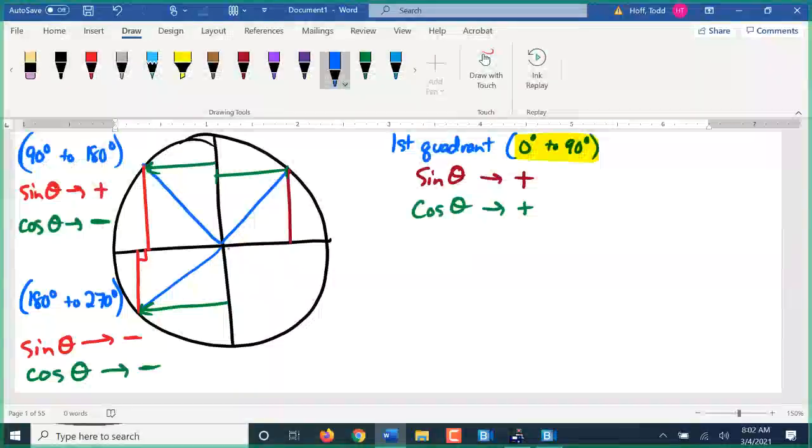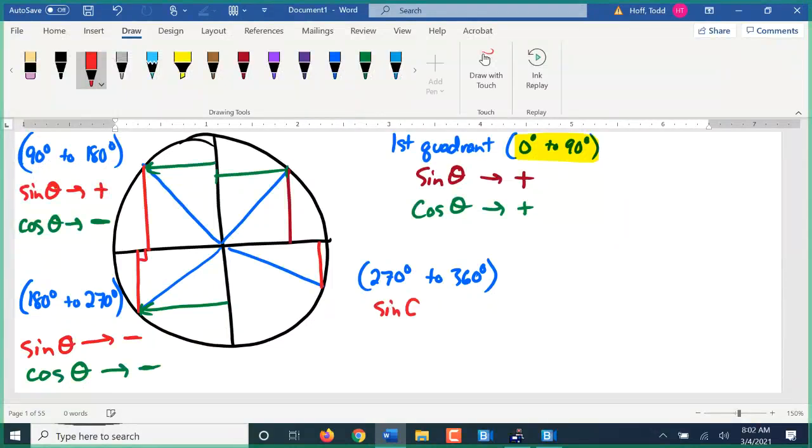And finally, over here, where our angle is between 270 degrees and 360 degrees, remember 360 degrees is equivalent to 0 degrees, the sine is still below the axis, so it is still negative. The cosine of that angle, however, is on the right side of that vertical axis. It's positive again.